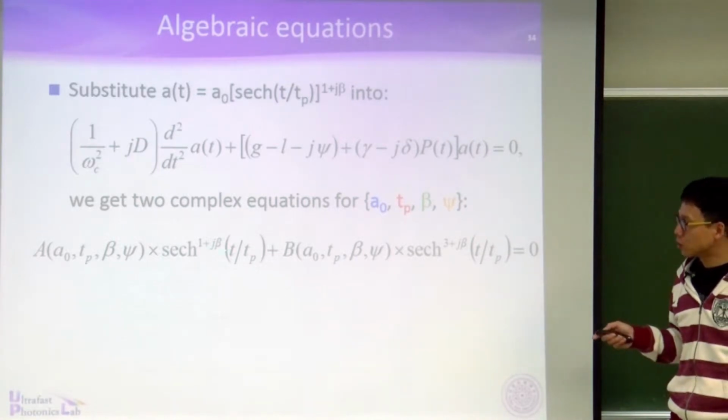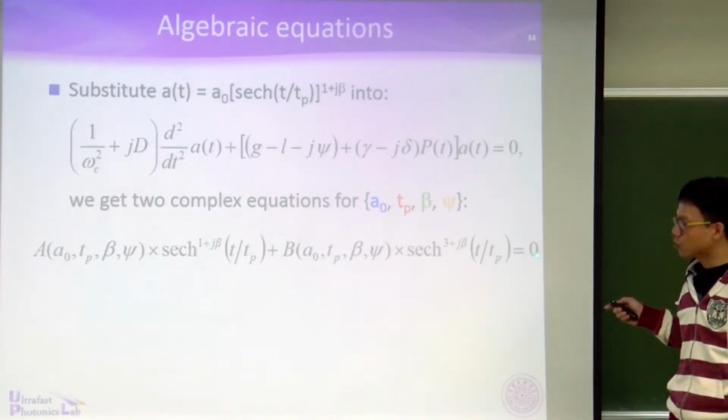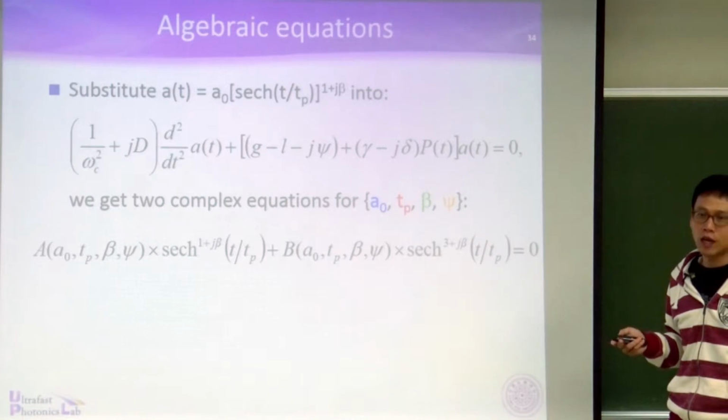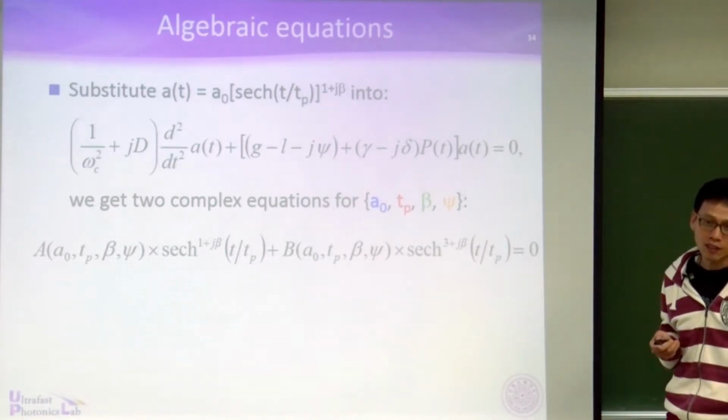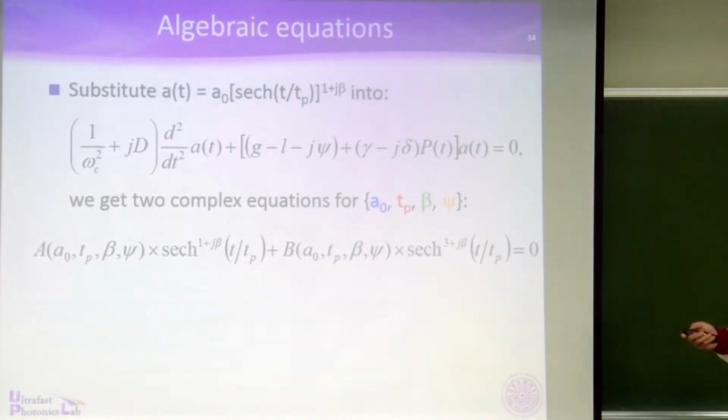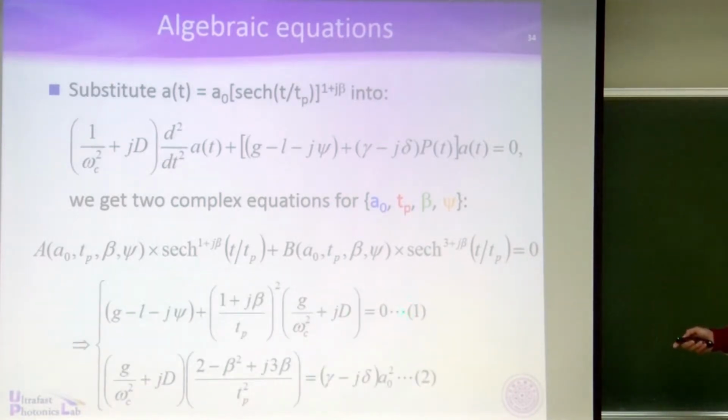Okay? So to make this equal to 0 always, regardless of time instant t, the only possibility is that both big A and big B functions are zero simultaneously. Okay? So we have equations 1 and 2 here.